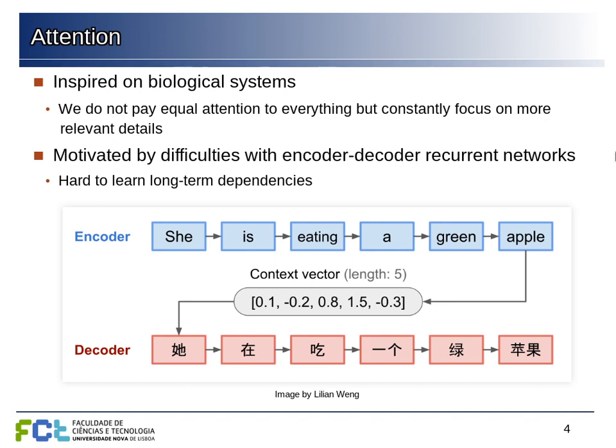So imagine that we are creating a translation system between English and Chinese, for example, where we have a recurrent network that takes a sequence of words and creates a vector of fixed length that describes this context, basically, this sentence.